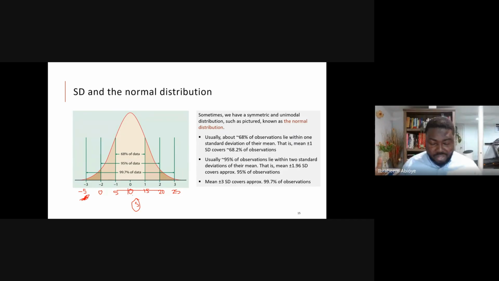This is perfectly reasonable. And the standard deviation of 5. In this scenario, you cannot have an age of minus 5. It's not likely for that distribution to be normal.